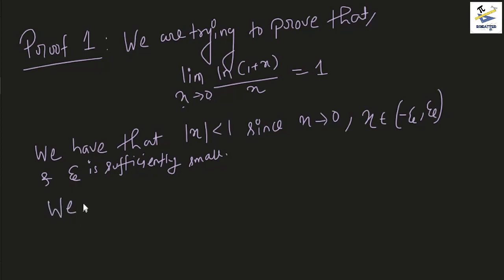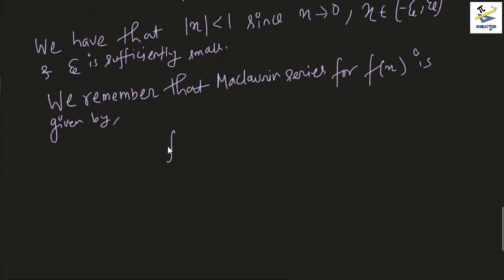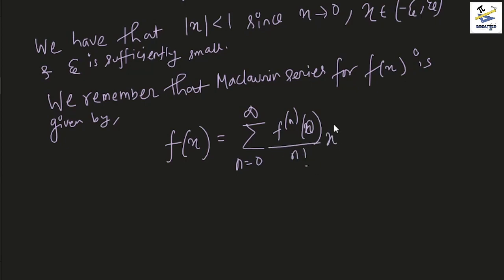We remember that the Maclaurin series for f of x is given by f of x equals summation n equals 0 to infinity, nth derivative of f at the point 0 divided by n factorial into x to the power n, right?